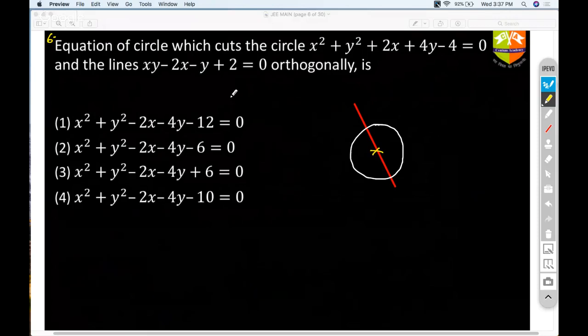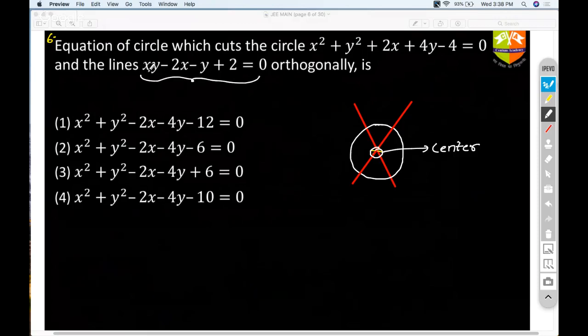Anyhow, there is a pair of lines, that means there are two lines and both of them are cutting the circle orthogonally, meaning both are normals to the circle. And that can only happen when the meeting point of these two lines happens to be the center of the circle. So whatever circle I'm going to find out, the center of that circle must lie at the point of intersection of these two lines, which are collectively expressed by this expression.